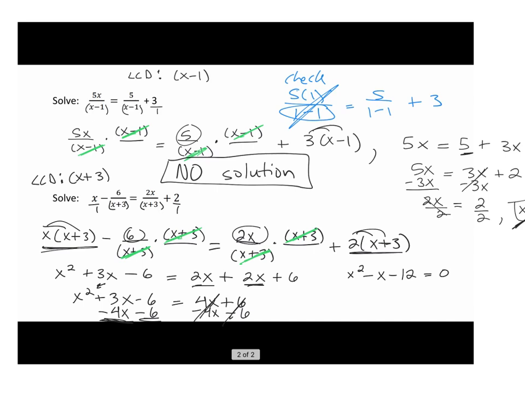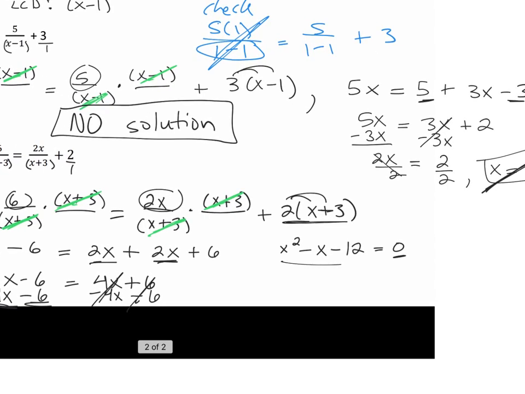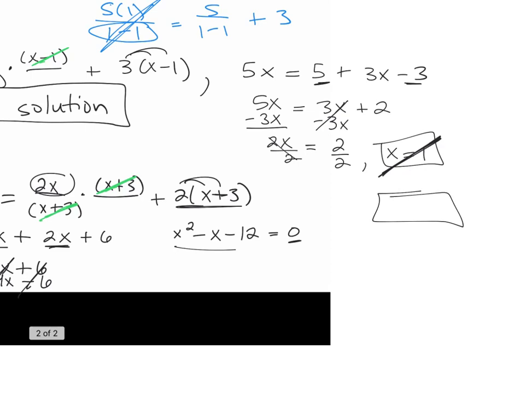Awesome. We've got 0 on one side. Now we just need to factor the other side. And this is a trinomial, so that means we're going to look for factors of x squared and minus 12 that add up to minus 1x. So maybe 4 times 3, those are different by 1. And with different signs, the bigger number is negative, so that works.